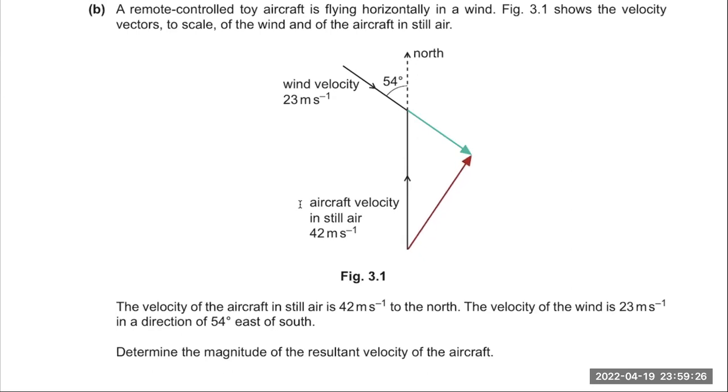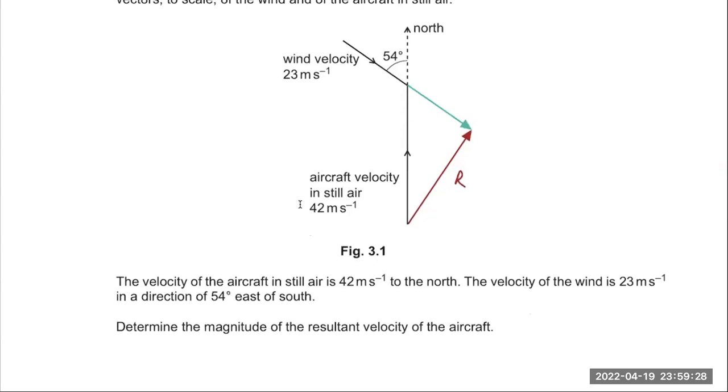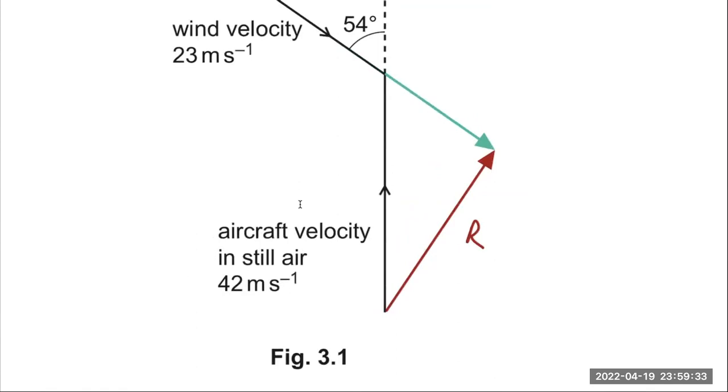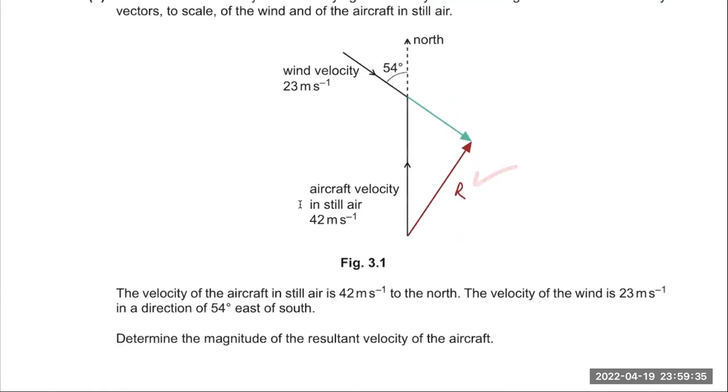This here is my resultant velocity R. Now, why did I draw it like this? Obviously the head to tail rule, or you can think of it this way. The aircraft flies straight if there is no air. But if there's air blowing in this direction, that would obviously deviate the path of the aircraft to the right. So the resultant is in this direction.